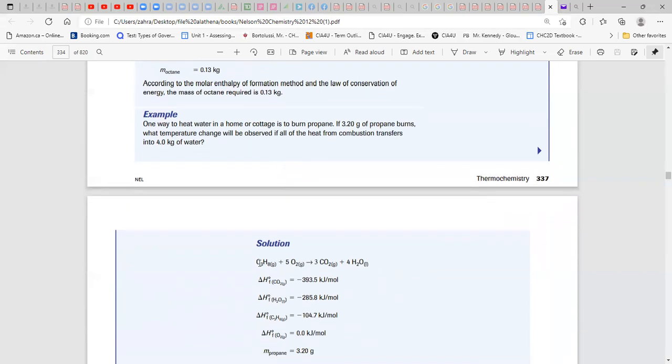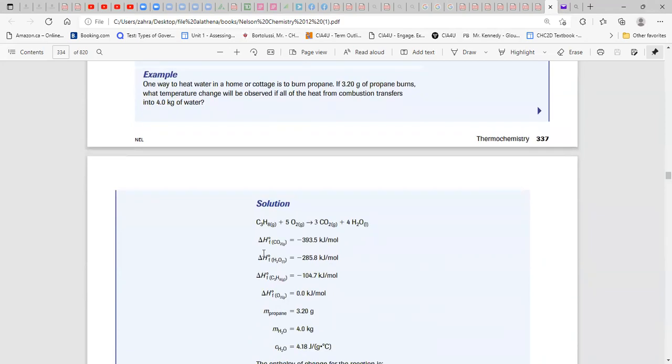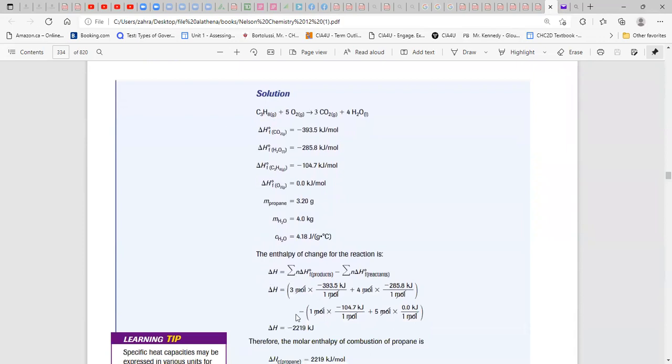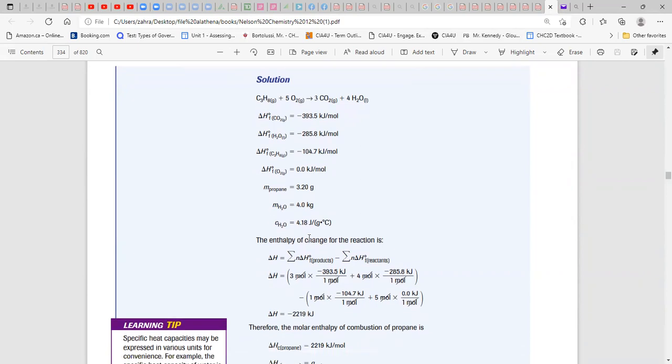So we just need to write the combustion of propane. You need to know that when it burns, it produces CO2 and H2O, and you balance it. Use the delta H formation from the back of the textbook to calculate the delta H of the reaction. The amount of propane is given, the mass of the water is given, and the specific heat of the water.